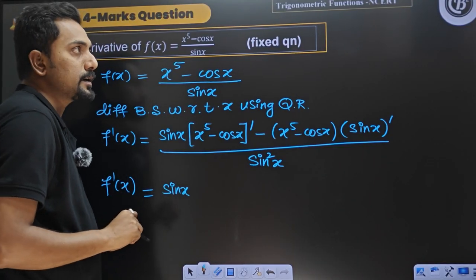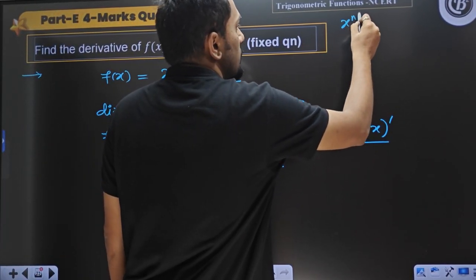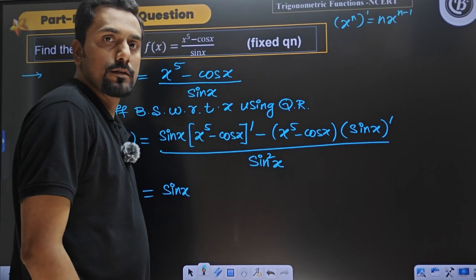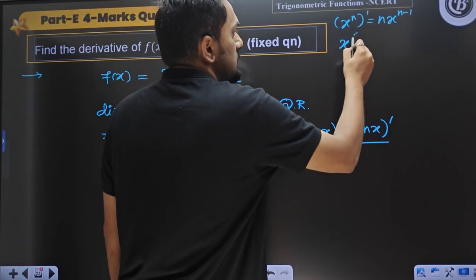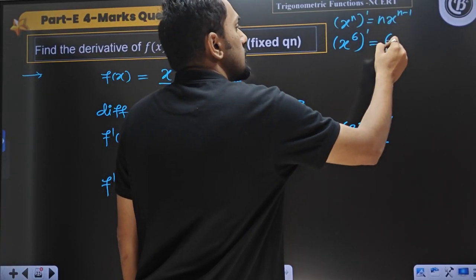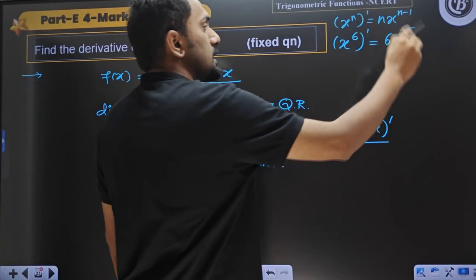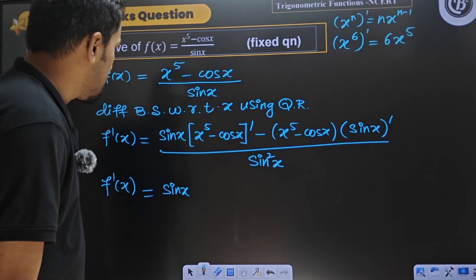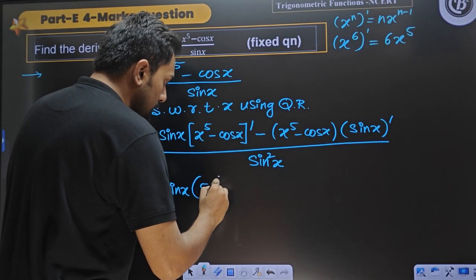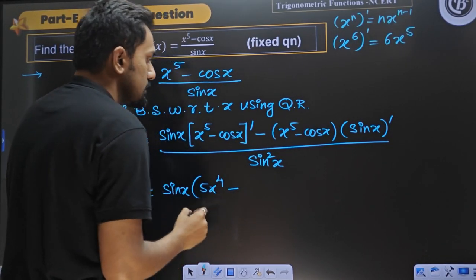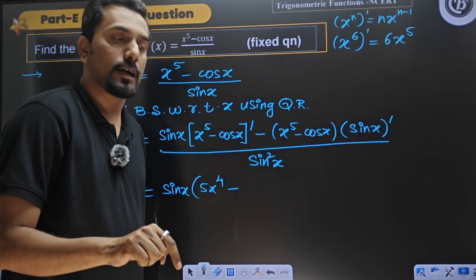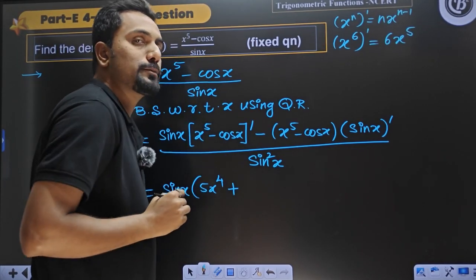We know that the derivative of x power n is equals to n into x raised to n minus 1. For example, if you need the derivative of x power 6, the 6 comes to this side and the power is reduced, so it becomes 6x⁵, simple. So the derivative of x power 5 becomes 5x⁴. Minus, what is the derivative of cos x? The derivative of cos x is minus sin x. That minus into this minus becomes plus.